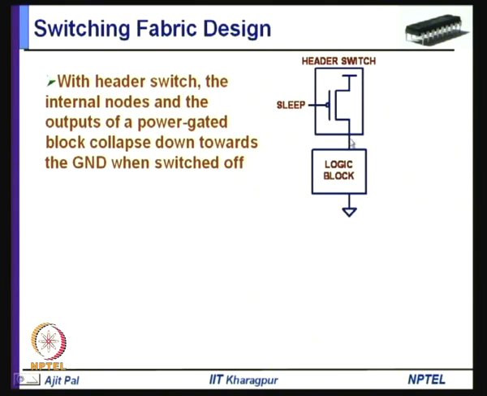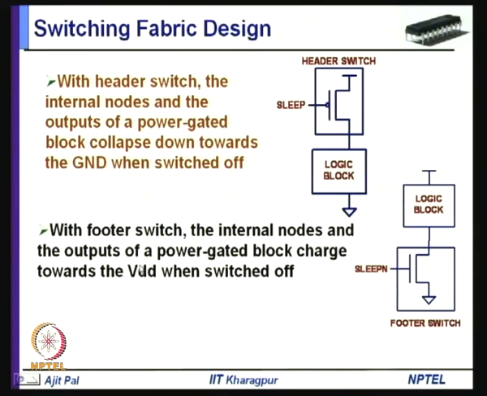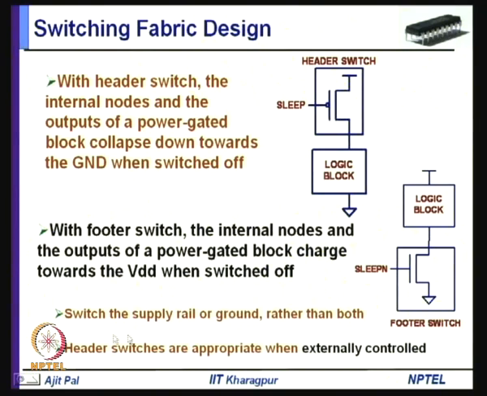Similarly, whenever you are using a footer switch, in that particular case, this voltage will gradually move towards VDD. That means, with the footer switch, the internal nodes and outputs of a power gated block charge towards VDD when switched off.